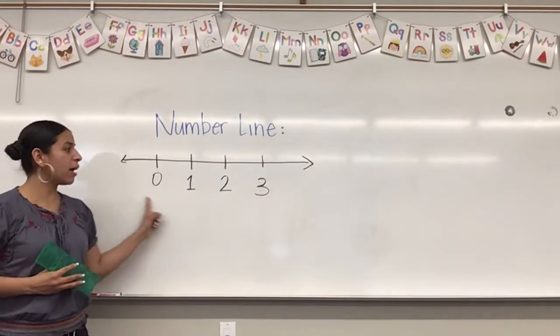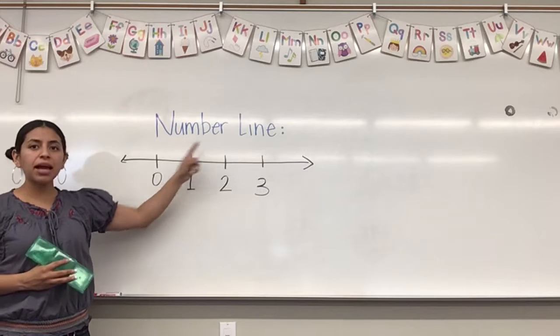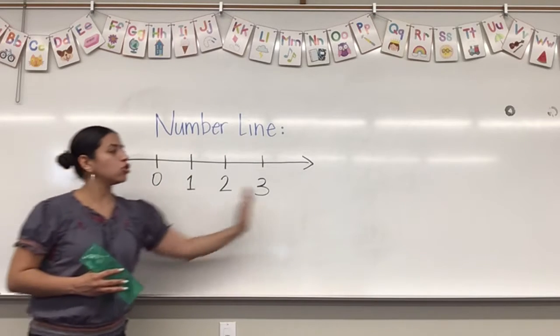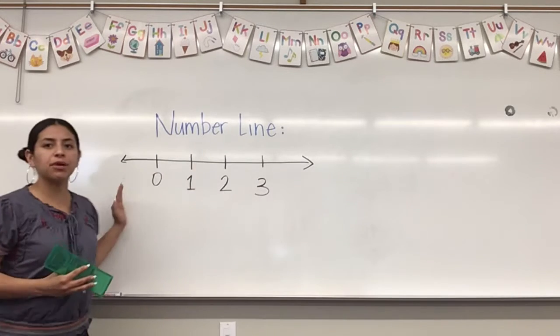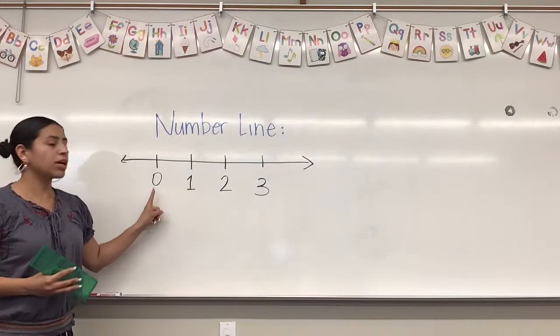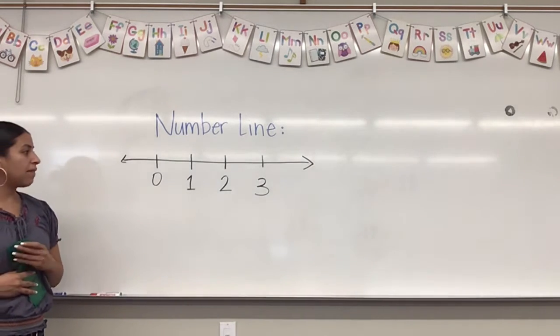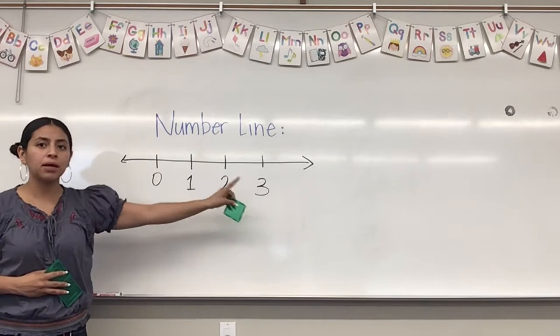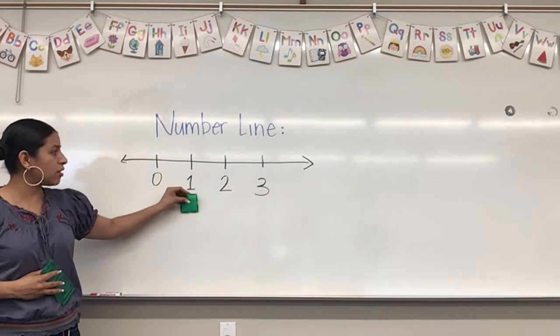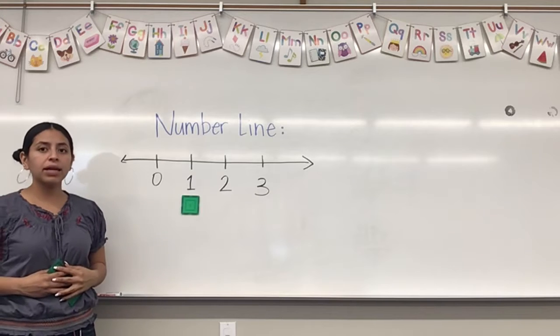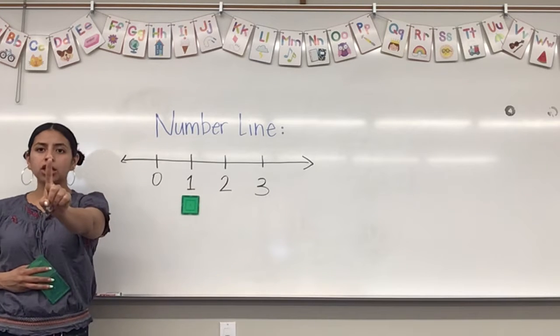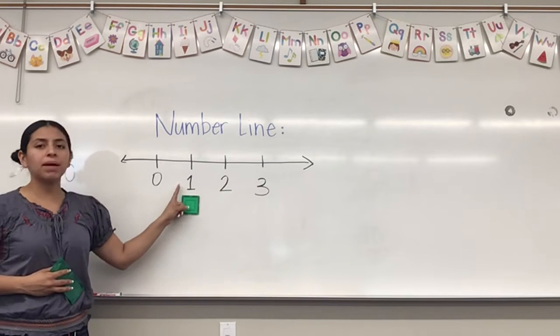TK, so when we count up, when we use our number line, we are counting from left to right. Just like when we read from left to right. So we're going to start with our 0 because we start with nothing on our board. And then as I'm counting up, we are going to build that quantity. So right now, I put my 1 cube, my 1 square, on my number 1.